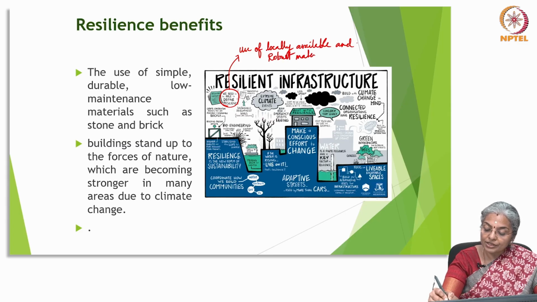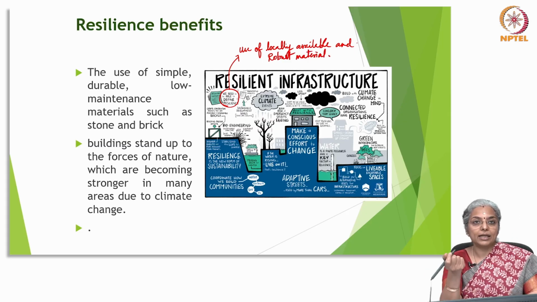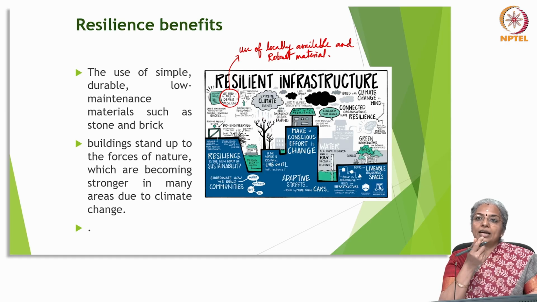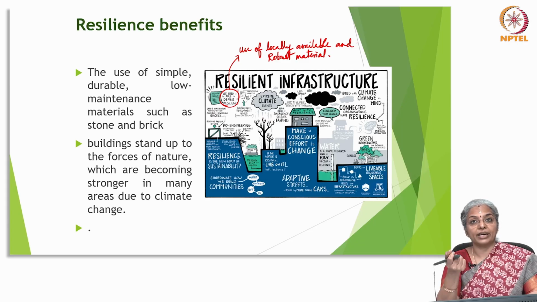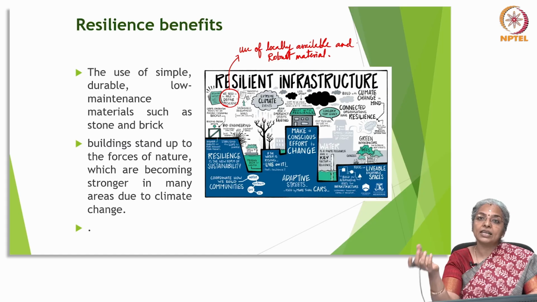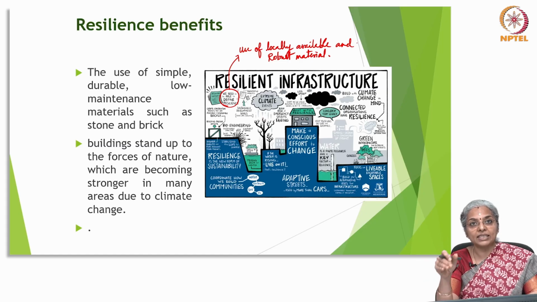When you start building with locally available and robust materials, you need not have the fear of complete or permanent damage which is not rectifiable, because the materials required to reshape the building in the case of any disaster are easy to get, and you also ensure that you use very strong, robust material.